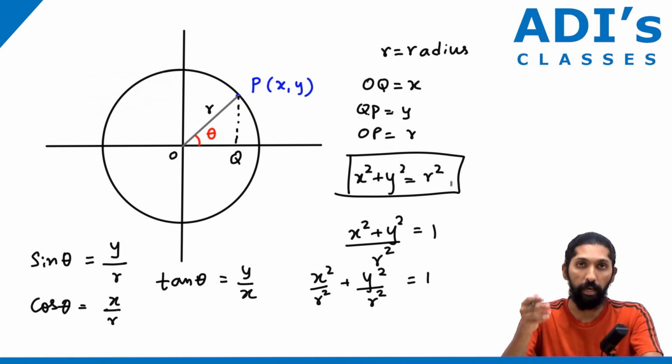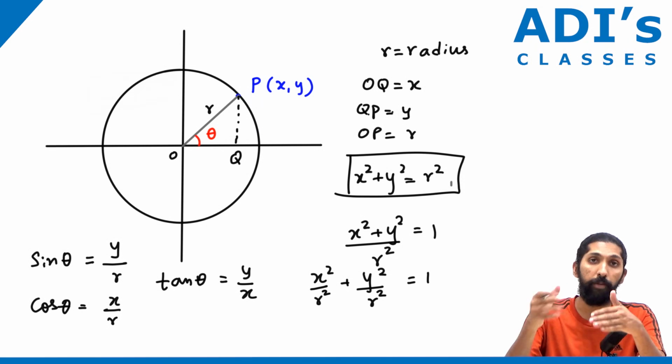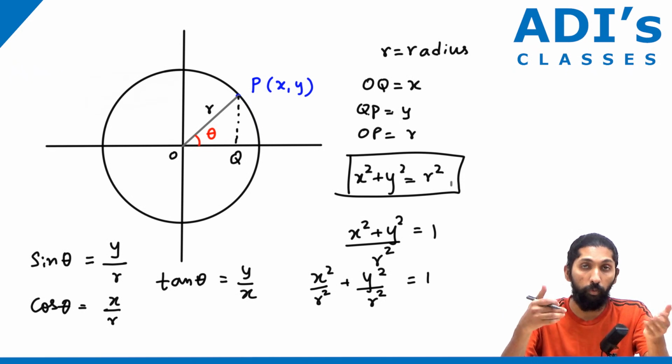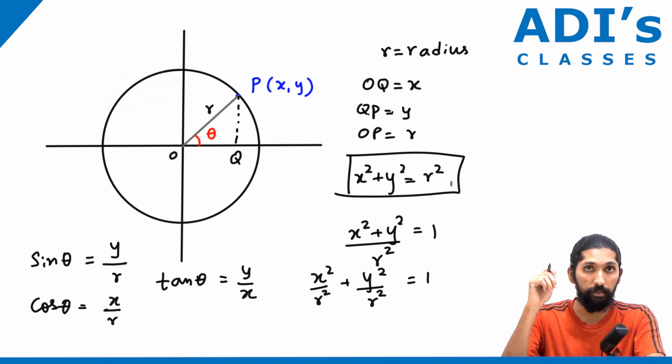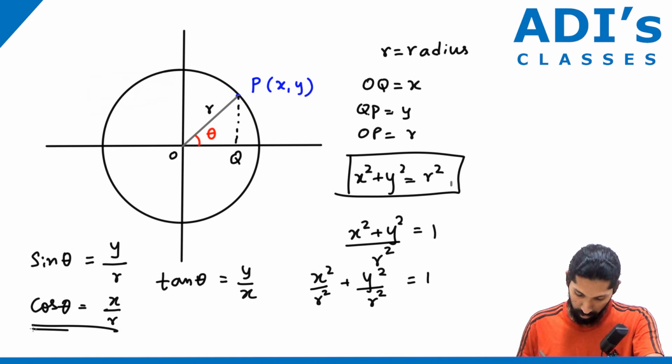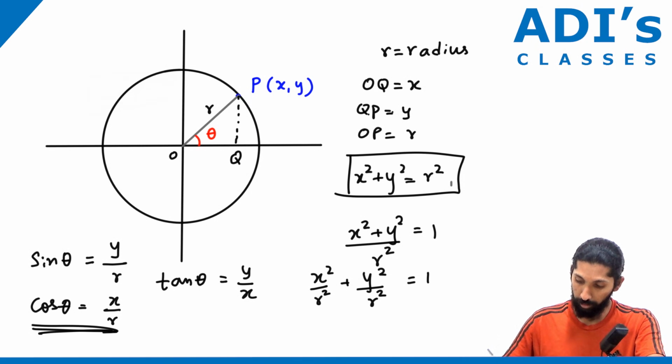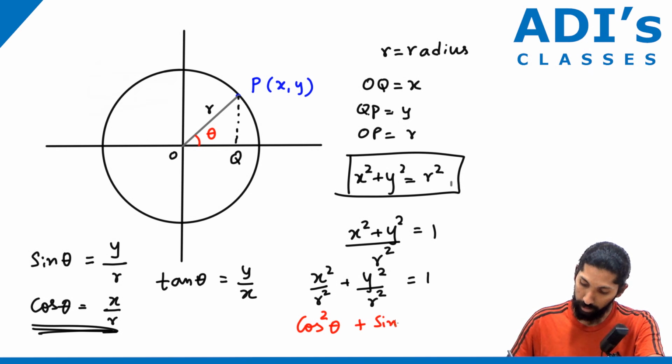What is x square by r square? It is nothing but x by r whole square. And x by r is cos theta. That means we are going to get cos square theta plus sine square theta is equal to 1.